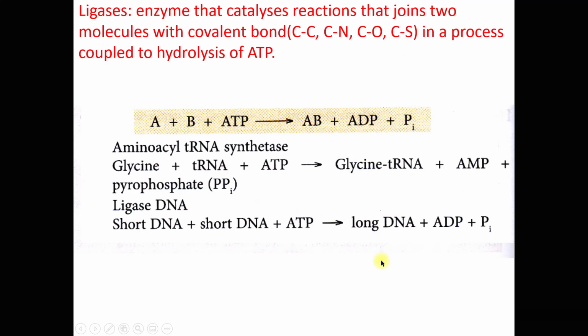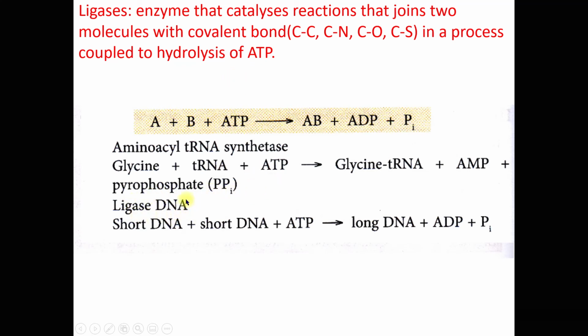Alright, next we have ligase. Okay, so enzymes that catalyze reactions that join two molecules with covalent bond in a process coupled to hydrolysis of ATP. Example here we have DNA ligase.